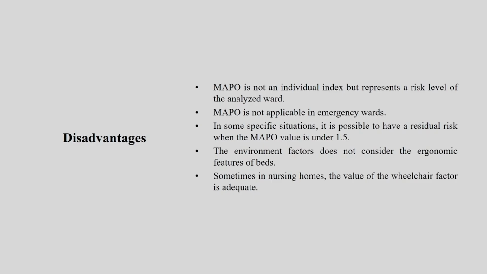Only the wheelchairs are being used. Sometimes in nursing homes the value of the wheelchair factor is adequate, however beds are not adequate. So, for those cases it is a little conflicting.